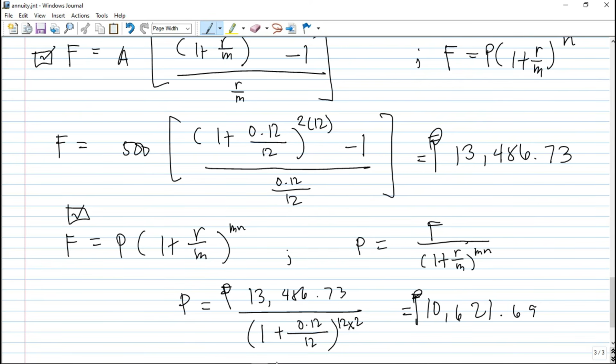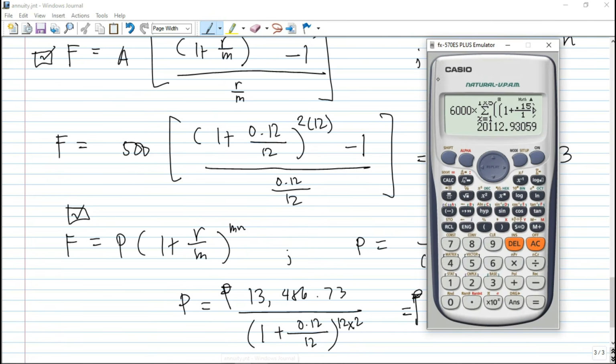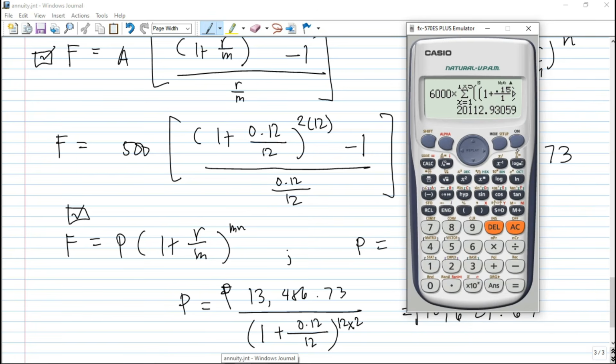Now, let's go to the calculator technique. So, dito, simulan natin again. So, you put here the annuity, that is 500. Okay. Then, summation. So, summation, shift, logarithm, summation. Then, you put here, of course, that is from 1 to kung ilang period ba yun, lahat.